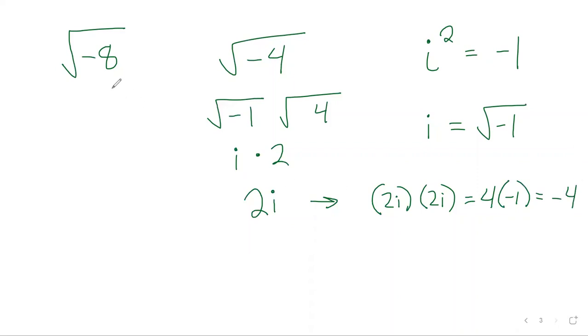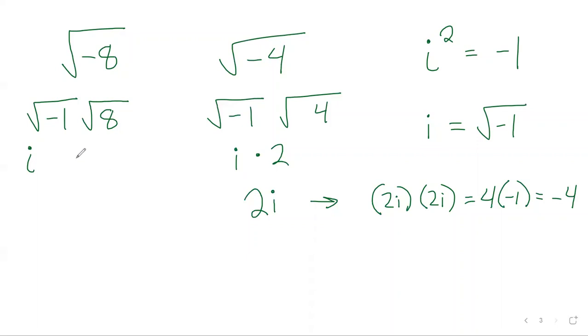Okay, let's do another one. Let's do square root of -8. Every time we have the square root of a negative, first thing that we do is take out square root of -1. Then we have whatever's left. This becomes i. This we just learned how to do. Pause the video if you want to take a minute on this.